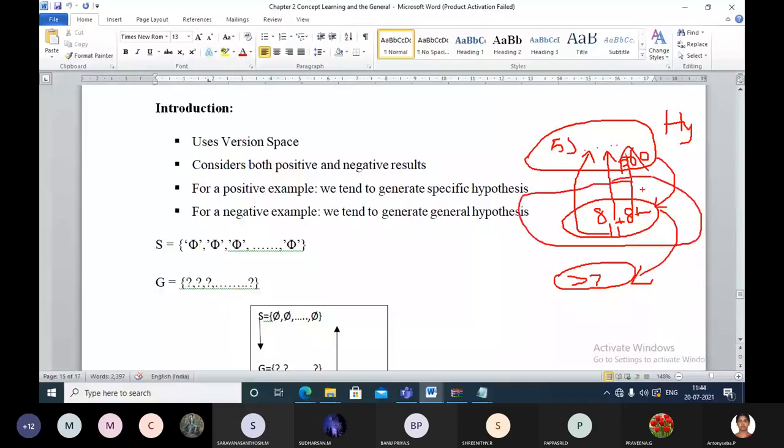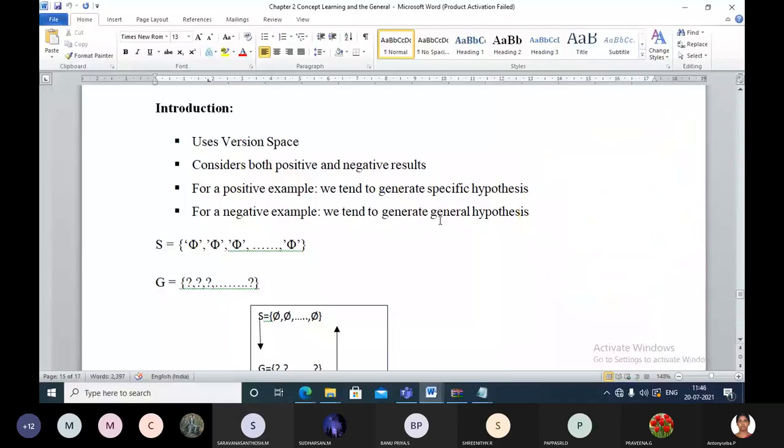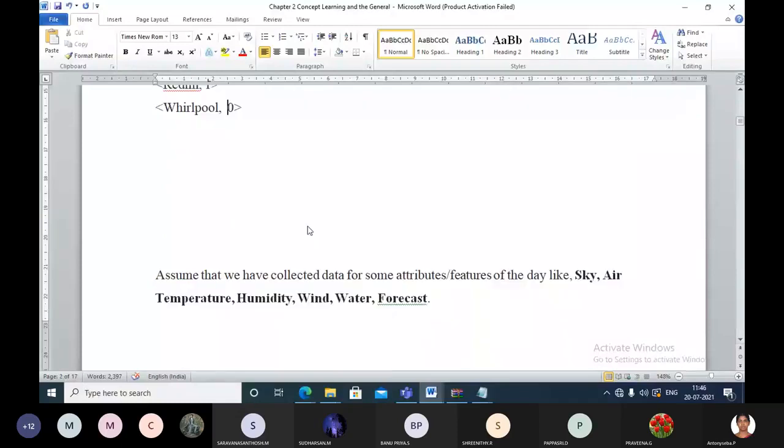In the candidate elimination algorithm, whereas in Find-S you moved from a specific boundary to a general boundary, from a specific version to a general version, here we are moving in both directions.